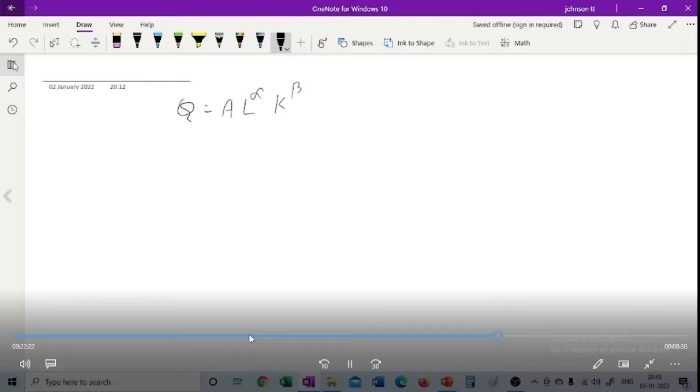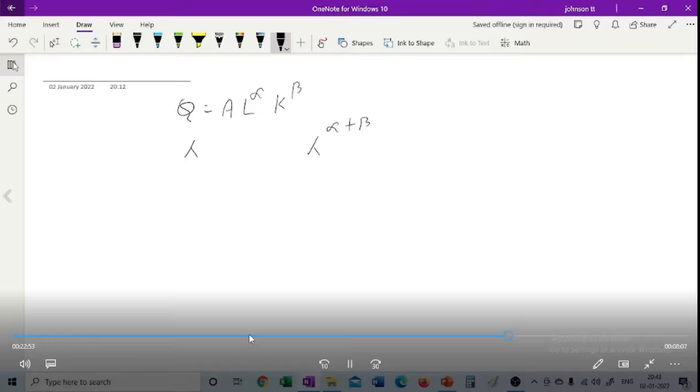Then why is it a homogeneous production function? If we are multiplying labor and capital by lambda, that means there is an increase in labor by lambda times and capital also by lambda times, then your output will increase by lambda raised to alpha plus beta.